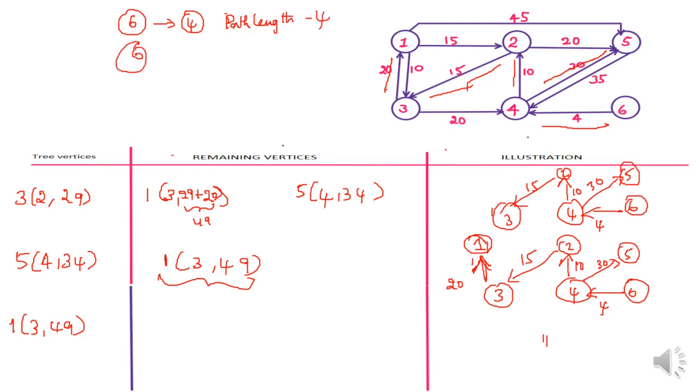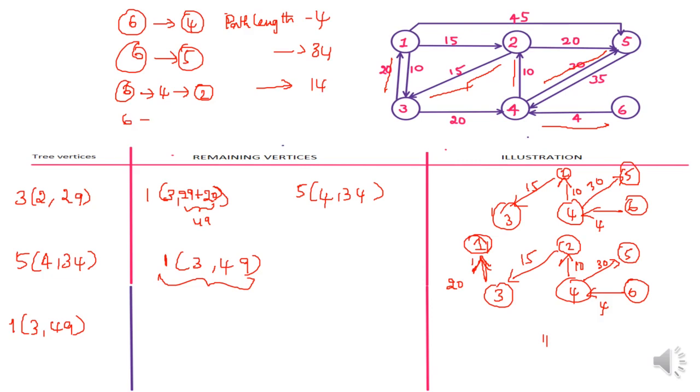Then from 6 to 5, the shortest distance is 34. Then 6 to 2, via 4, the shortest distance is 14.